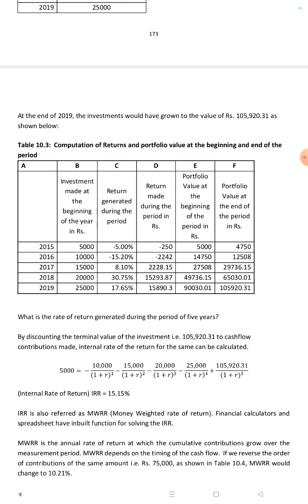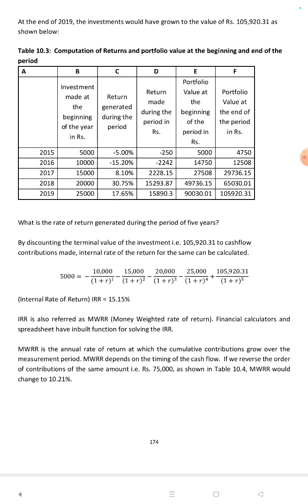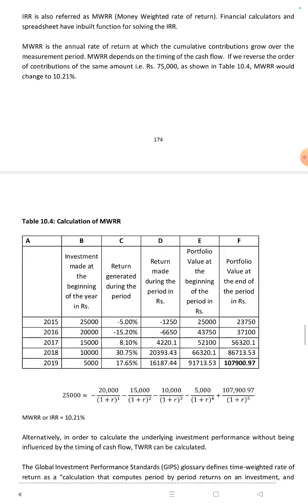What is the rate of return generated during the period of 5 years? तो पिछले 5 साल में कितना रिटर्न जनरेट किया है, तो ये देखते हैं. 5,000, 10,000, 1 plus R power n. IRR is also referred to as money weighted rate of return.